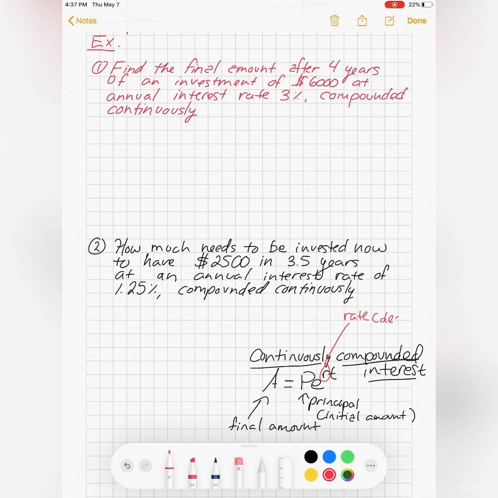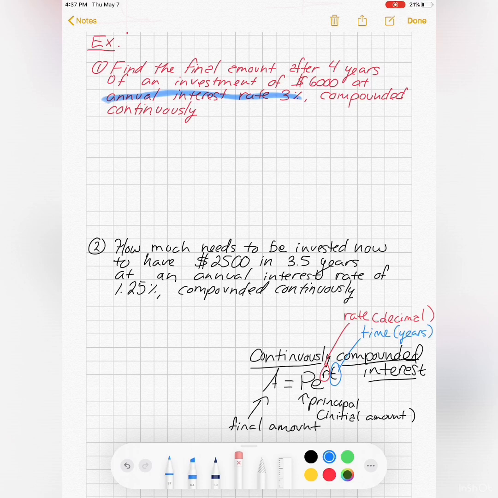Now you have to enter this as a decimal. And then the T is, of course, time. Now with these money problems, the time units are always years. That's because they give me an annual interest rate. So that means I need to enter the time in years.